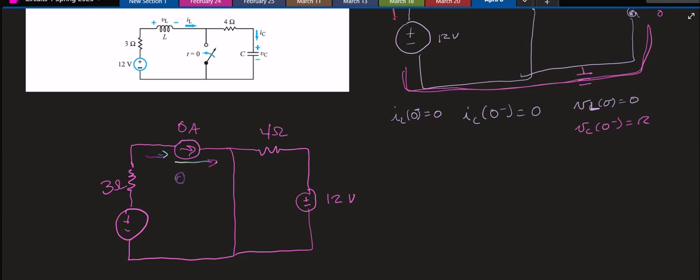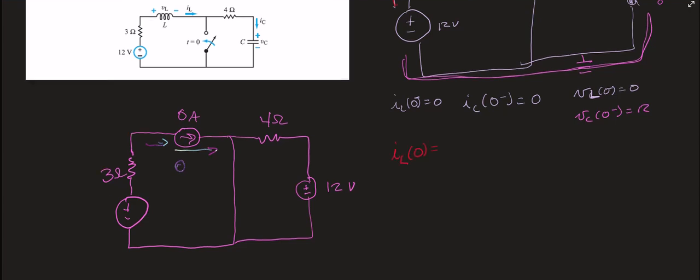So what's going to happen at 0, the voltage across the inductor can change, even if the current can't. And the current through the capacitor can change even if the voltage does not. And so we know we've got a 12 volt voltage difference across the capacitor.